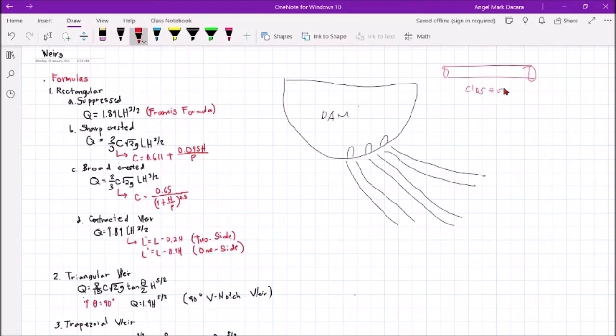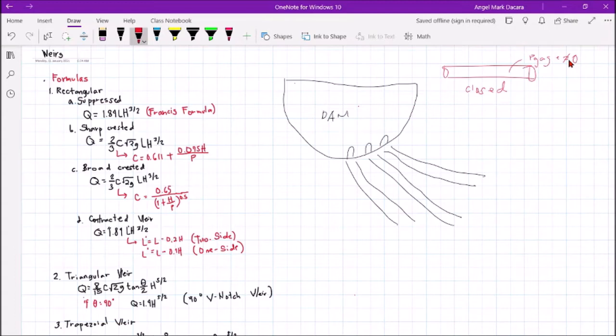Okay? Sinabi mo closed conduits, they are these conduits na hindi subjected to atmospheric pressure. Ibig sabihin, the pressure gauge inside is not zero. Okay? The pressure gauge in the flow or the pressure head in the flow is not zero. Okay?